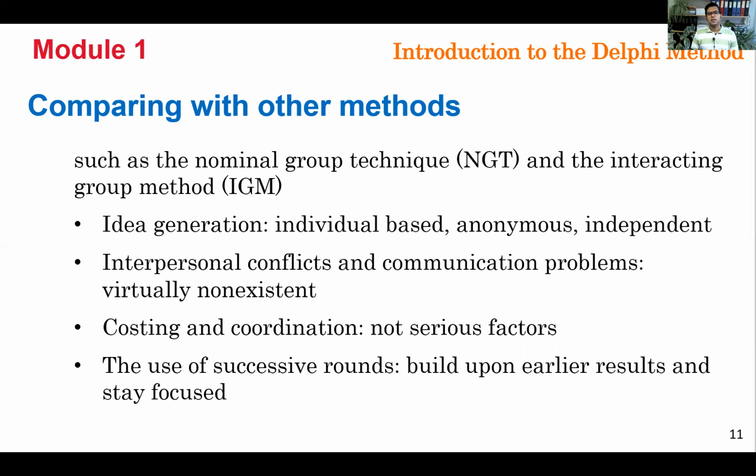A second but related advantage is that interpersonal conflict and communication problems are virtually non-existent because panel members do not interact. Third, a practical consideration is that unlike NGT and IgM, travel to a central location is not required in a Delphi study. Thus, travel costs and the problem of coordination to get everyone at the same place at the same time are not factors.